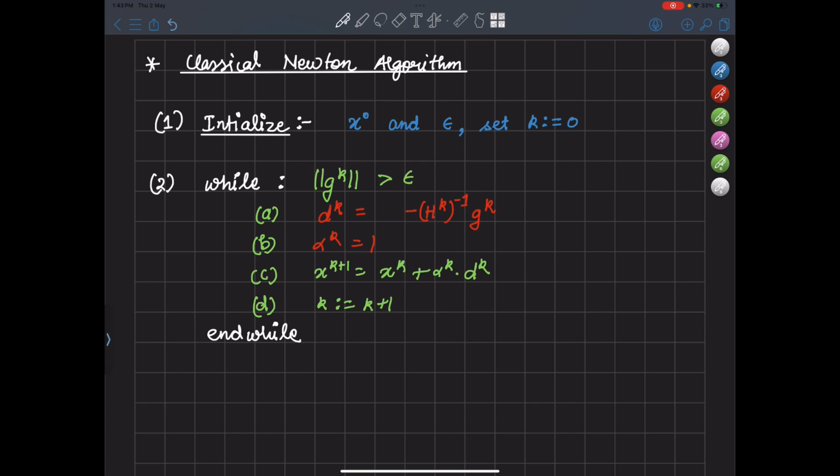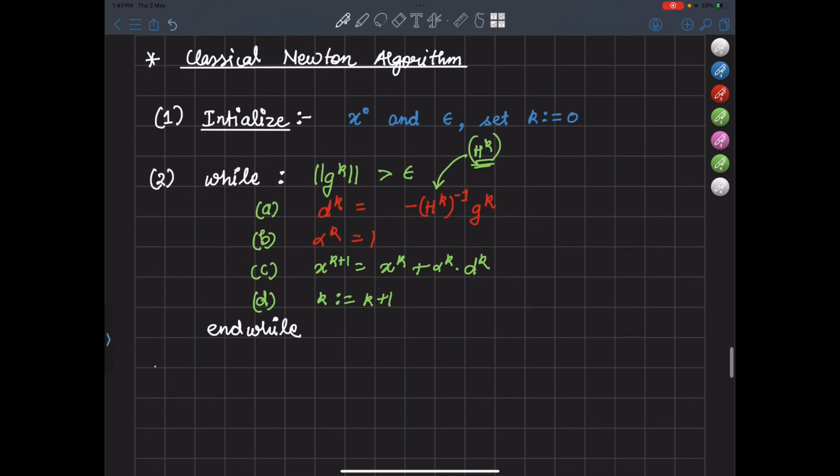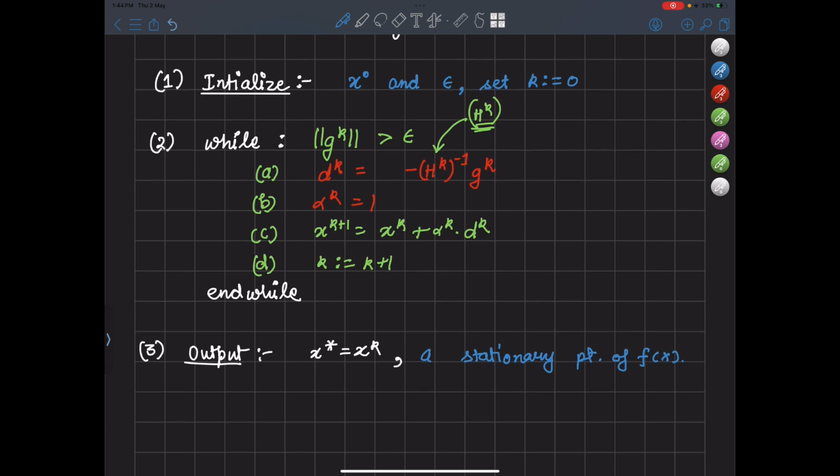So it looks very simple, but the catch is we need to somehow calculate Hk, which is actually the difficult part of this algorithm, which we'll look at later. And now the output is x star equal to xk, which is the stationary point of f of x. So this is the algorithmic form of the classical Newton algorithm.